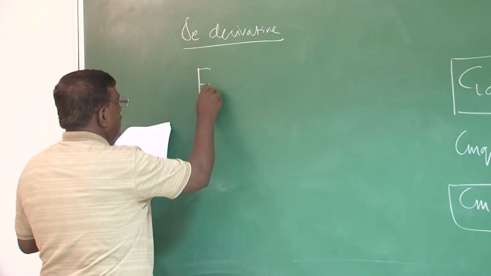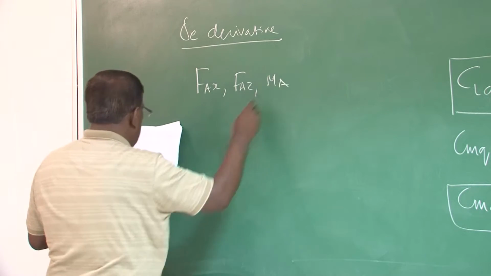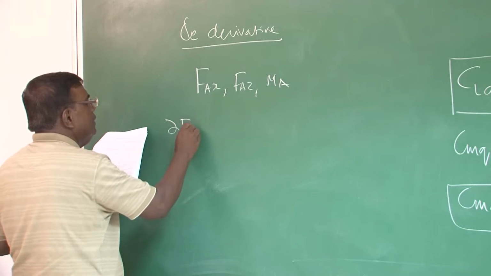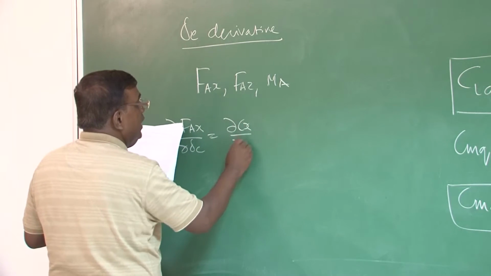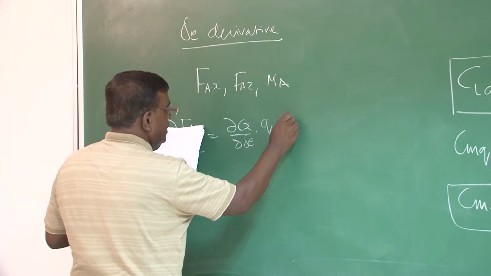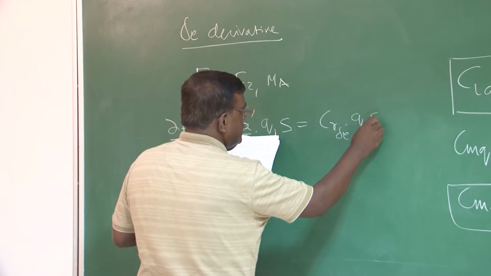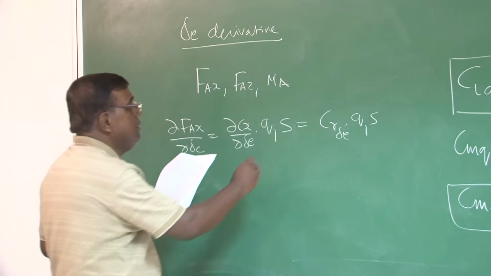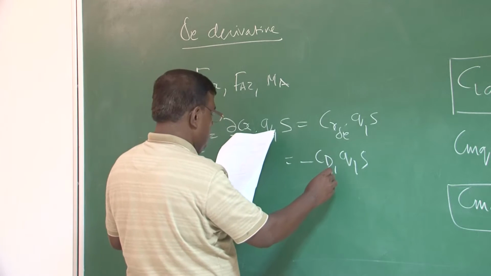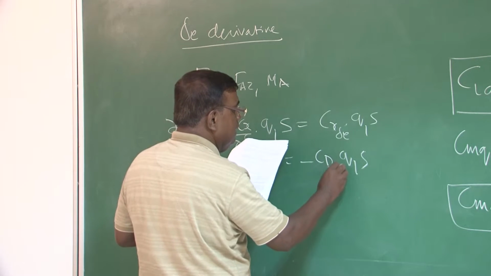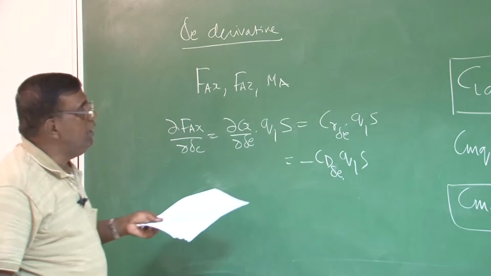Again, we start with, because for longitudinal we are talking about FAX, FAZ and MA. I will go very straight: dFAX by d delta E, I will write as dCX by d delta E into Q1 S, which I can write as Cx delta E into Q1 S, which is nothing but minus CD1 minus CD delta E evaluated at steady state, into Q1 S. What is the physical meaning of CD delta E?